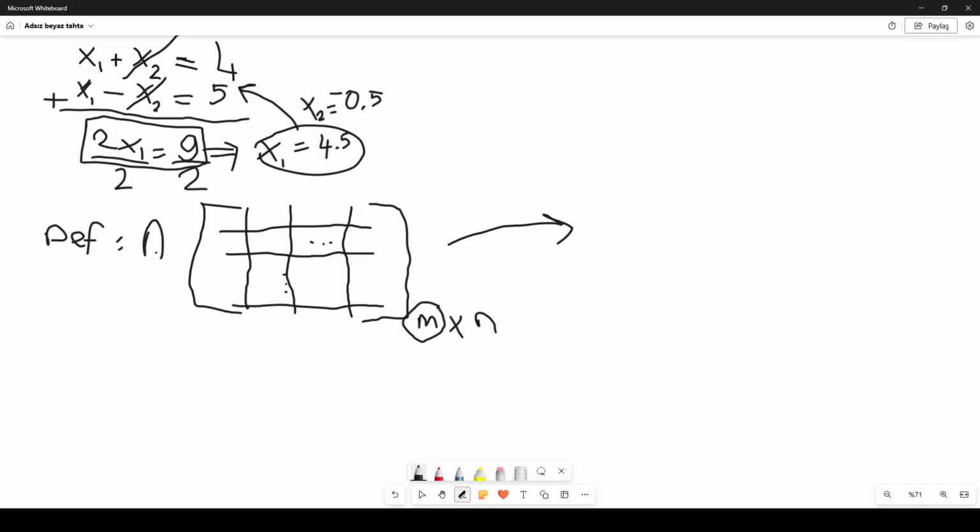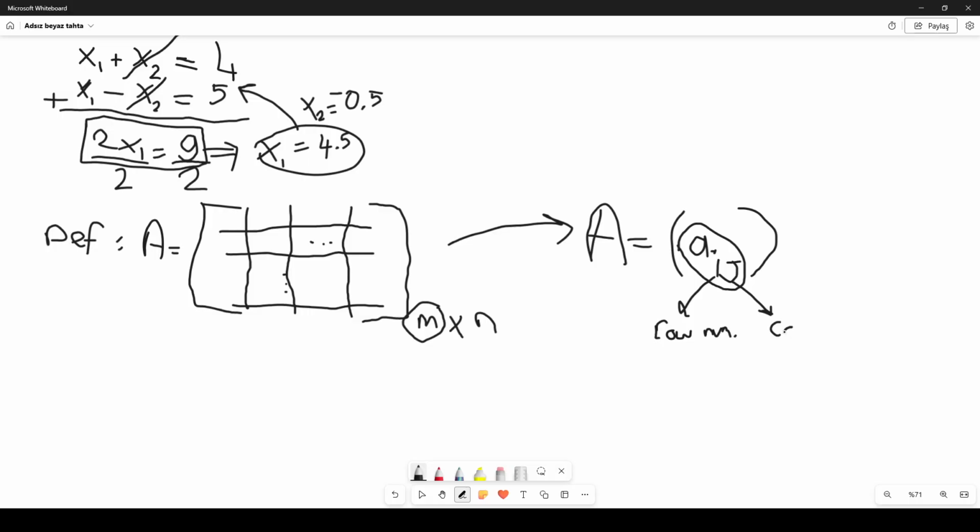Suppose the name of the matrix is A. We can write a matrix A as A_ij, which means that all of these a_ij's are the entries or the values of this matrix, but they are arranged in such a way that i corresponds to the row number, and j corresponds to the column number.